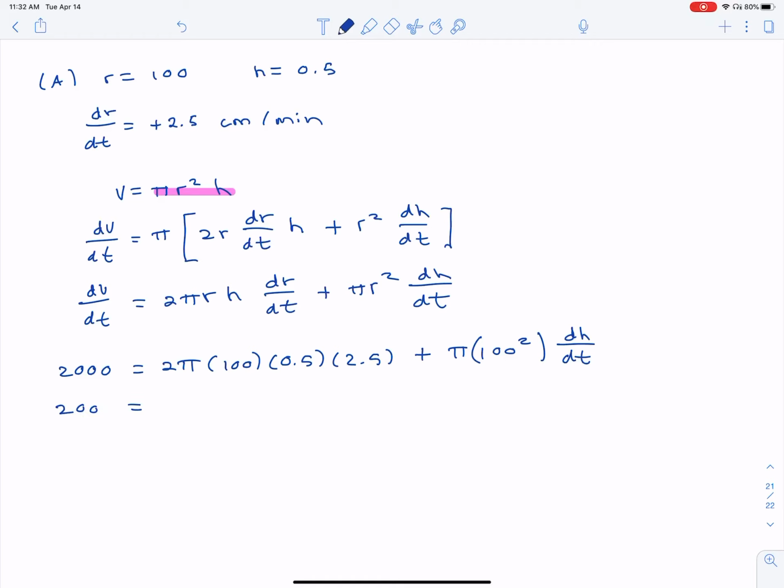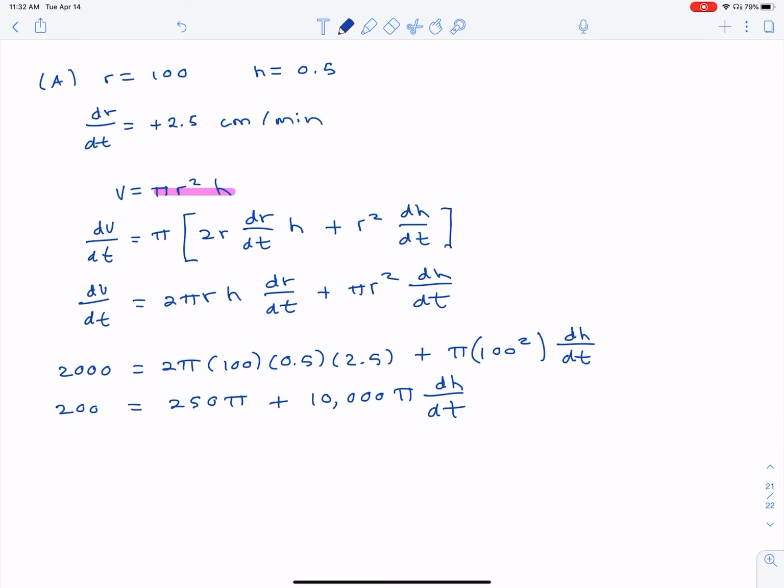From here, honestly, we're just going to solve. I'm going to do a little cleanup to make this easier, but really, this is an algebra problem. You're going to solve the algebra problem for dh/dt. I'm going to do this using my calculator and get a decimal value.